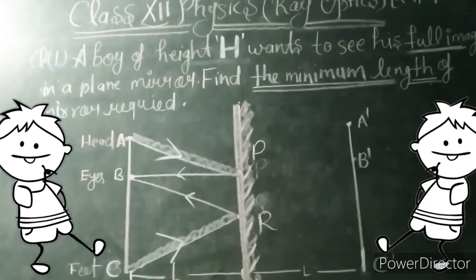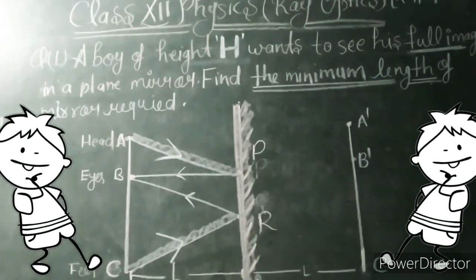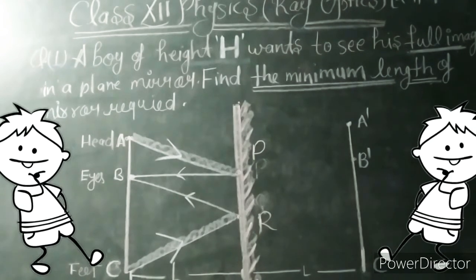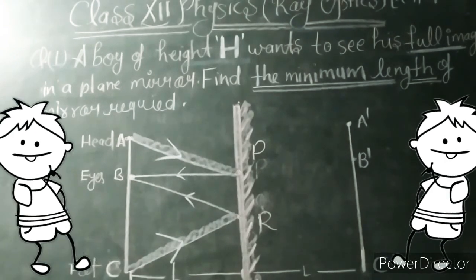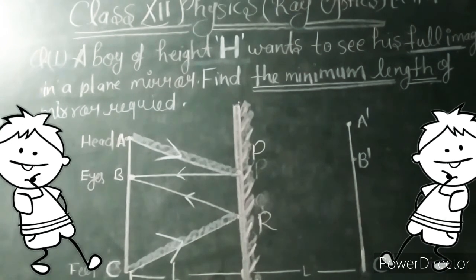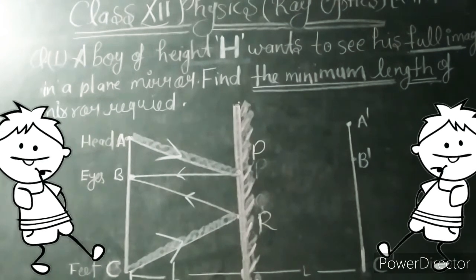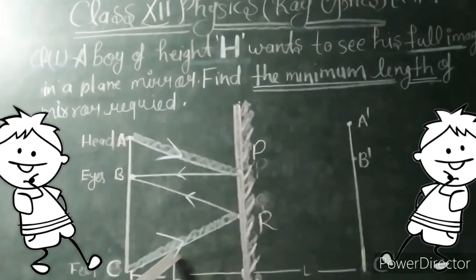If a ray is coming from point A, then let AP be incident on the mirror at point P. Same, if a ray is coming from point C, then CR is incident on the mirror at point R. You see here, this is our incident ray, this is also an incident ray.